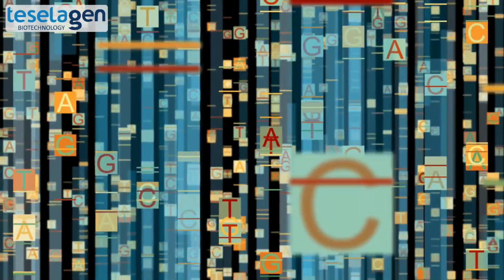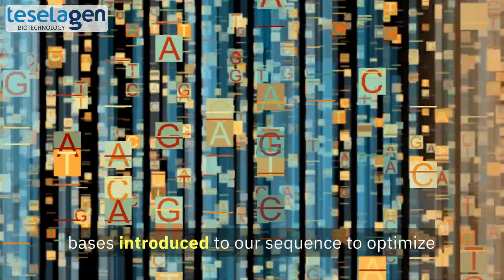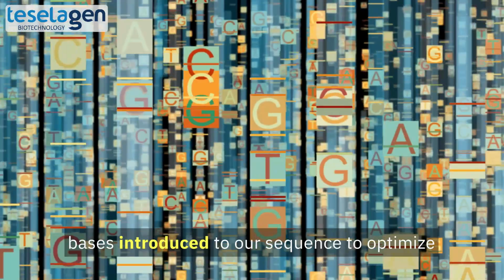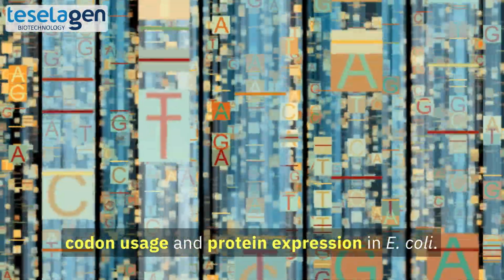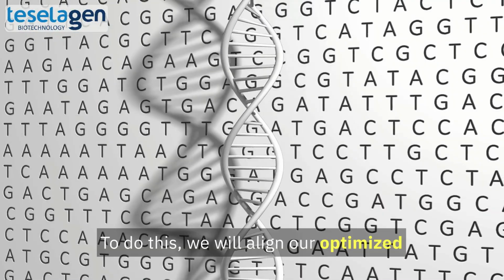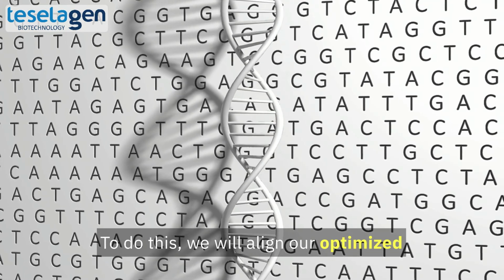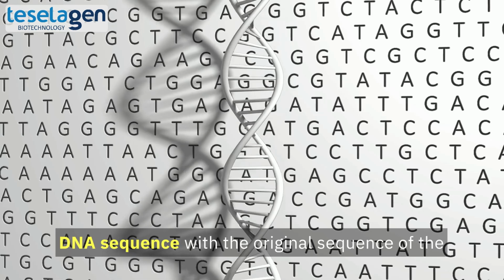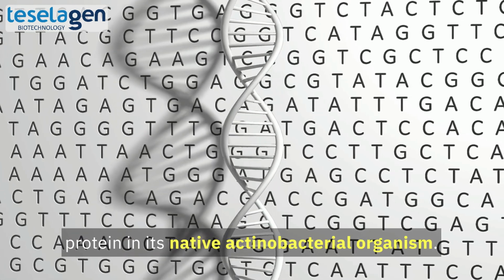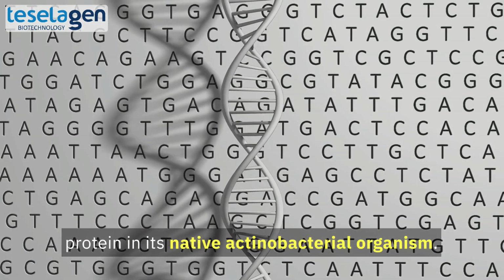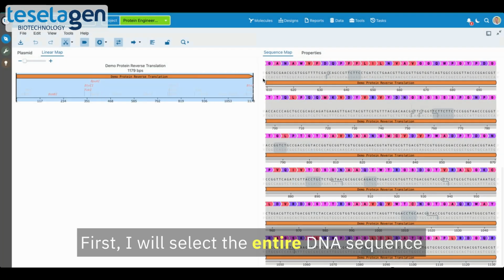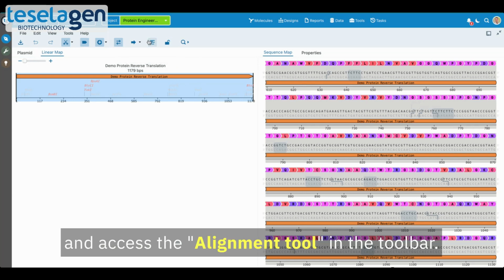Now, let's explore the alterations in DNA bases introduced to our sequence to optimize codon usage and protein expression in E. coli. To do this, we will align our optimized DNA sequence with the original sequence of the protein in its native actinobacterial organism. First, I will select the entire DNA sequence and access the alignment tool in the toolbar.